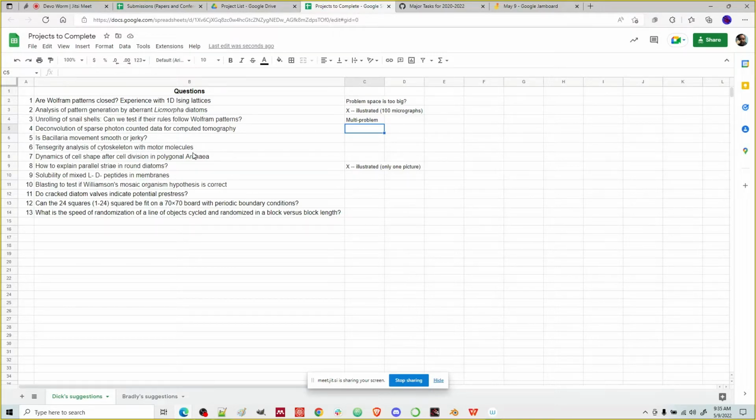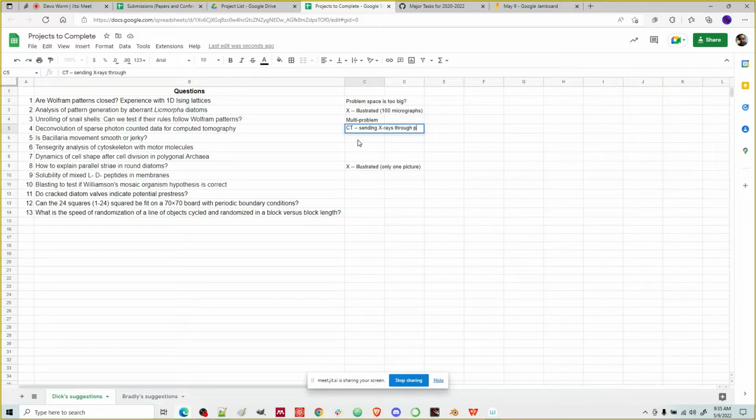Then we have this, the deconvolution of sparse photon counted data for computed tomography. I think we talked about this a long time ago. The problem in computed tomography is you're sending x-rays through a patient, and the way it's currently done, dose is about 16 times a normal x-ray.